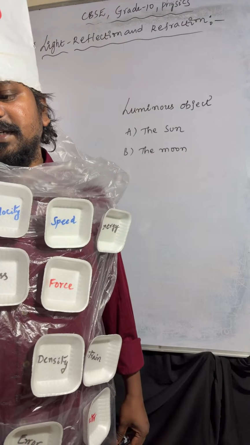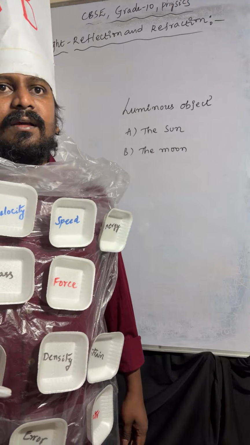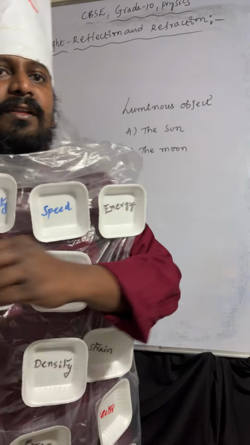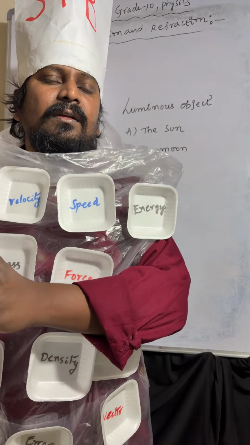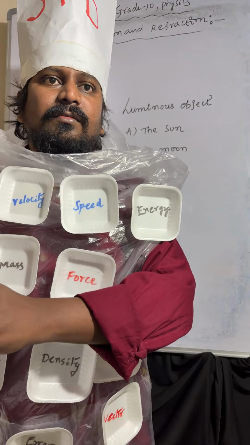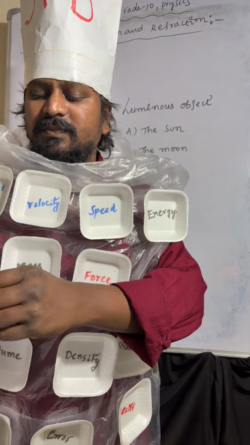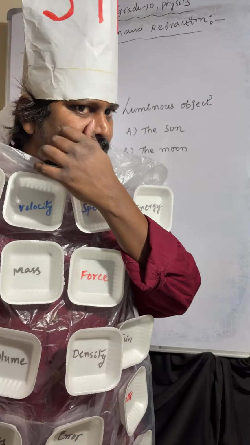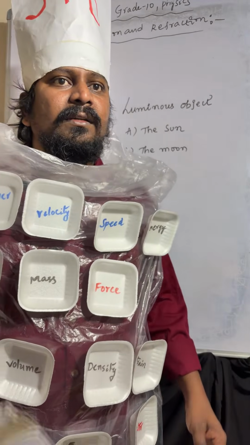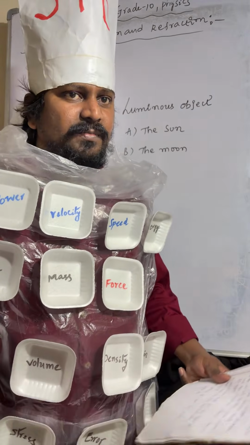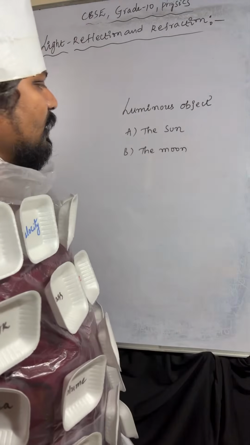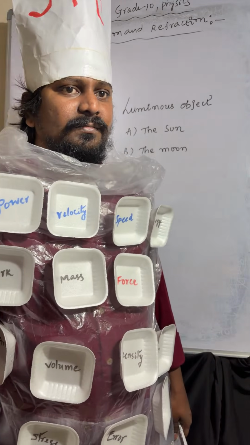Anyone? If you know the answer, let me know. Today we'll do practice only, preparation for light reflection and refraction. Which one is a luminous object among these two, the sun or the moon?